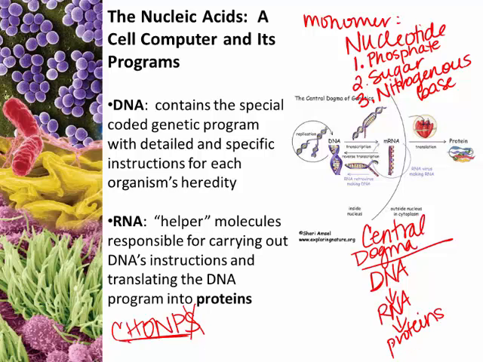Using DNA to produce RNA is termed transcription. Using RNA to produce proteins is termed translation. But the big thing here is proteins.